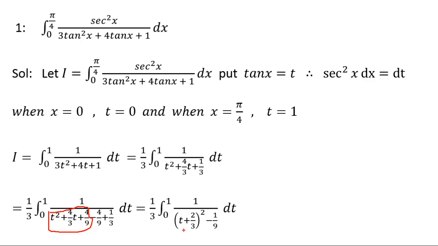So this integral is of the type 1 upon u square minus a square. Its integral is 1 upon 2a into log of u minus a upon u plus a.